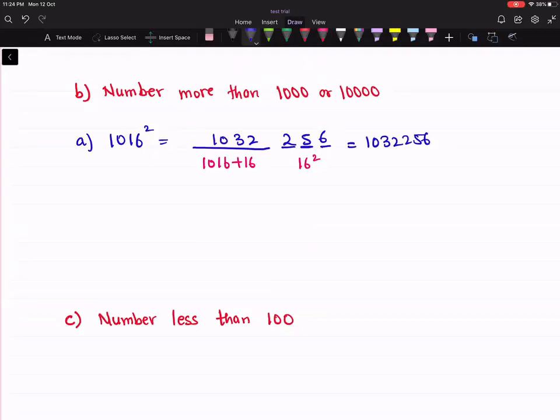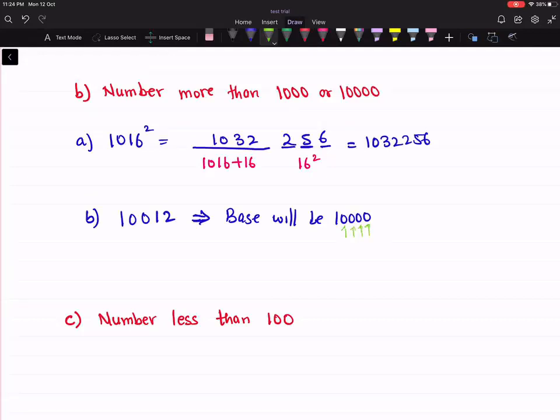So if the number is, let's say, 10012, right? Now in this case, the base will become 10,000. When the base is 10,000, that means there will be 4 digits, right?